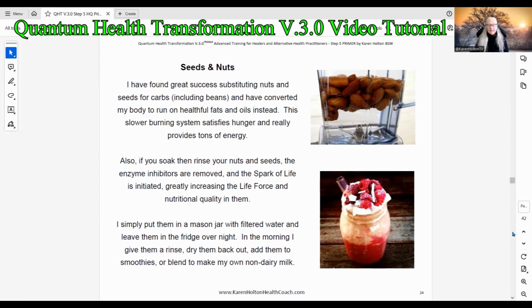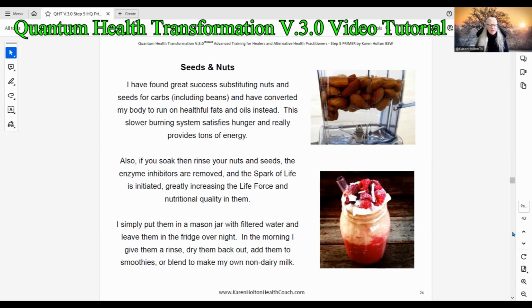That's why nuts and seeds don't sprout on their own, because they have these enzyme inhibitors built right in. But when they're sown in the soil and watered and kept wet, those enzyme inhibitors are removed and the spark of life is returned to the seed or to the nut, and then a plant starts to grow. So what we want to do is remove the enzyme inhibitors so that the spark of life is initiated.